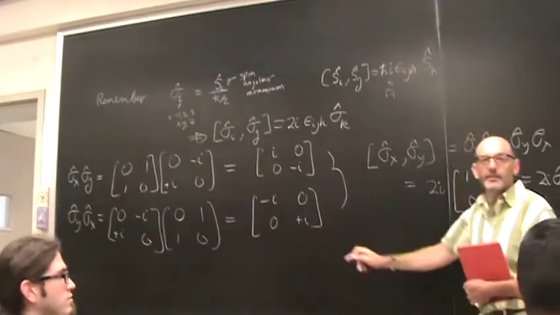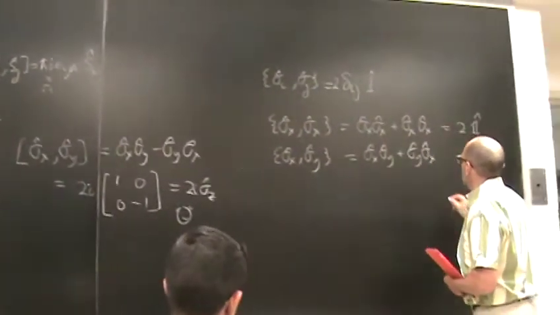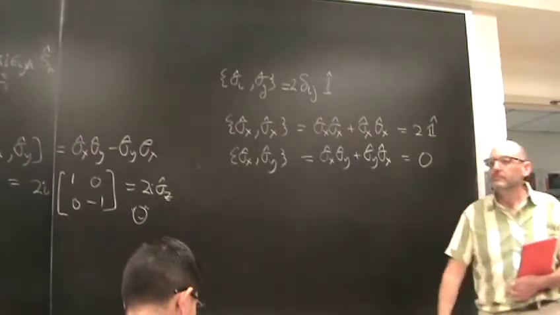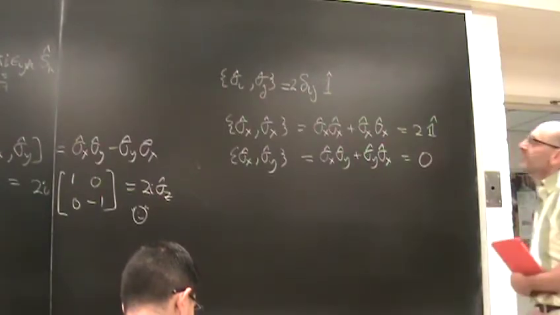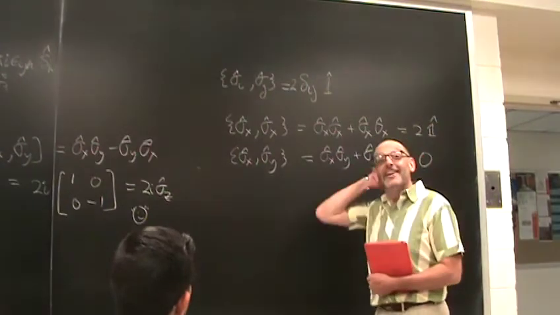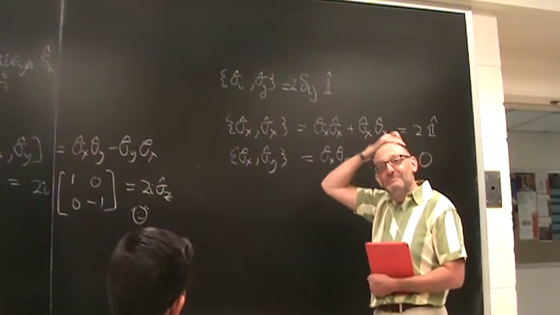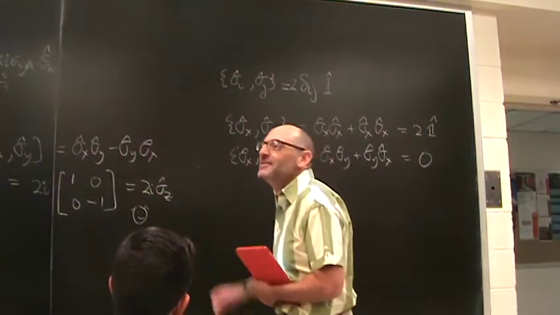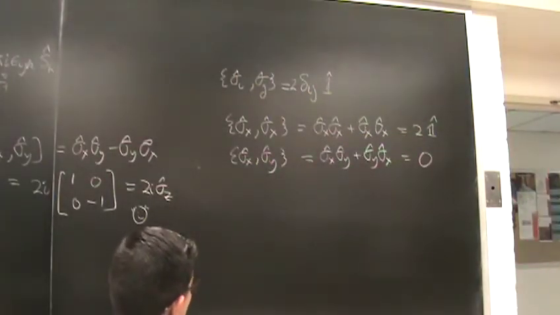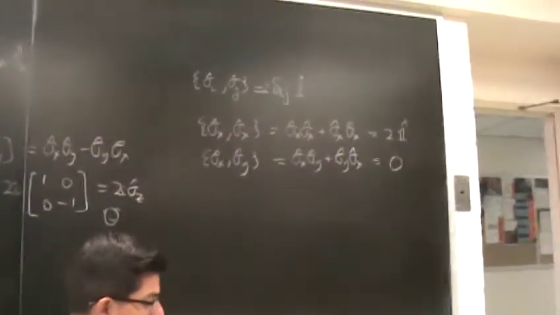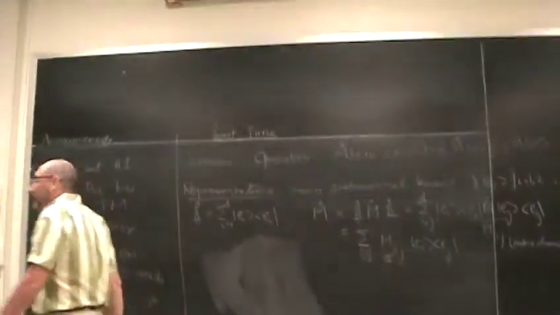Add these two together, you get the 0 matrix. So, different Pauli matrices anti-commute. Okay? That's an interesting property. Pauli matrices have all kinds of fun properties which we'll use throughout the year. All right. Very good.